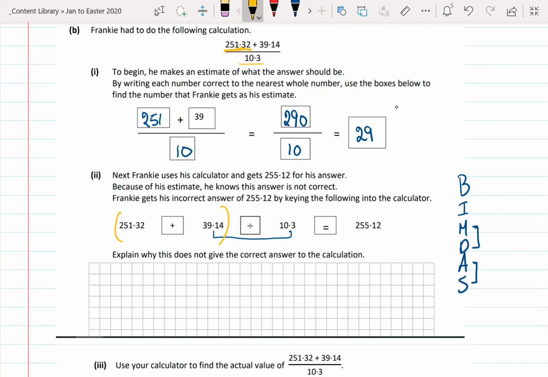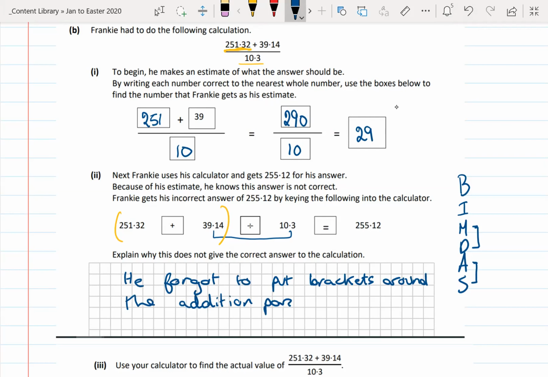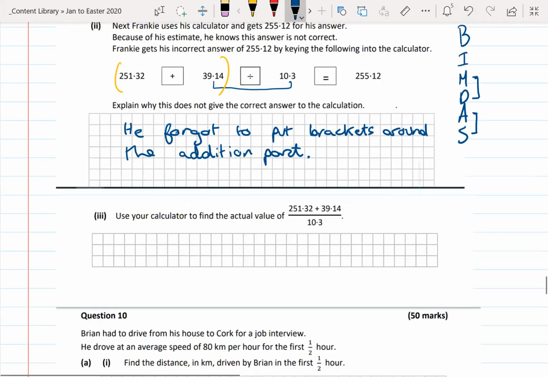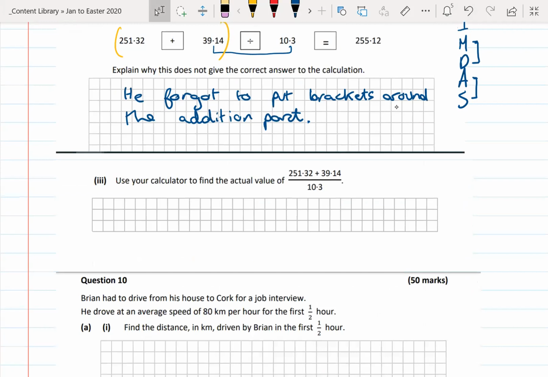Explain why this doesn't work: he forgot to put brackets around the addition part. Use your calculator. So I've already done this. The answer was 28.2, which is pretty close to our estimated answer of 29 in the first part.